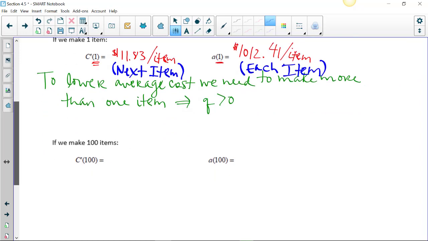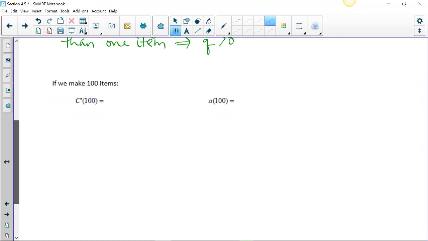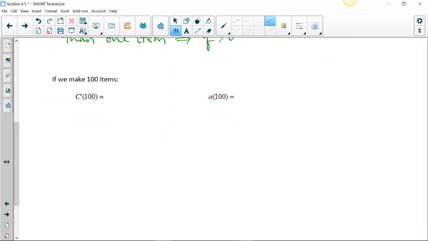Okay, so let's come down here and let's talk about what if we make 100 items. Okay, so my marginal cost for 100 items is $193 per item. So to make the 101st item, or the next item, would cost us $193.